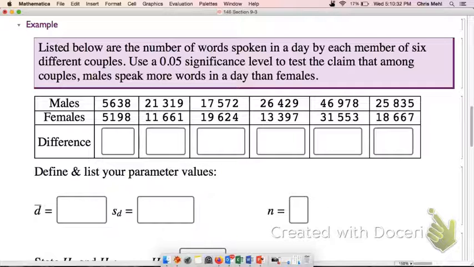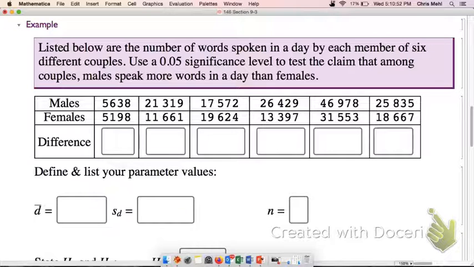And the other thing you could do is enter the sample data, or the mean and standard deviation of the differences, into a little applet in StatCrunch, and it can calculate the test statistic and p-value for you. So I'll show you both methods.